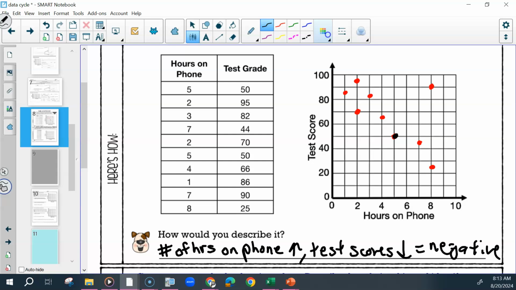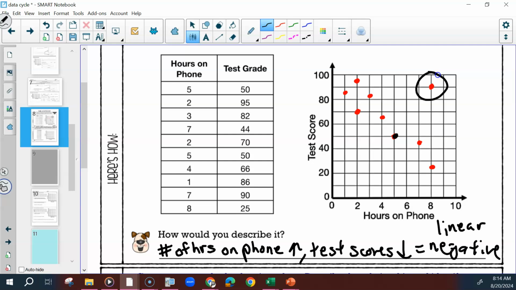I can see it kind of makes a line. They're not all together in a straight diagonal line, but it kind of makes a line. So I can say it's a linear relationship. And I can also see that even though for most of the cases, as the hours on the phone go up, the test scores go down, that doesn't happen here.